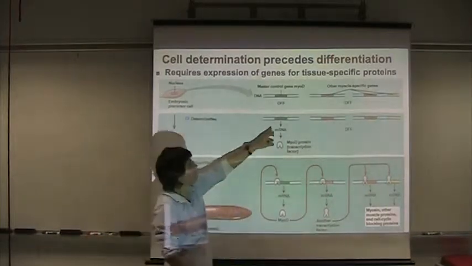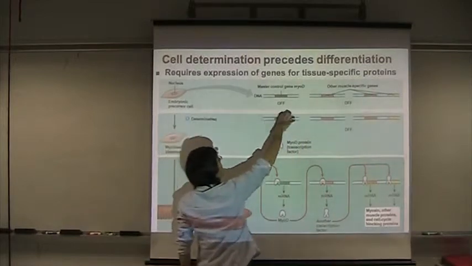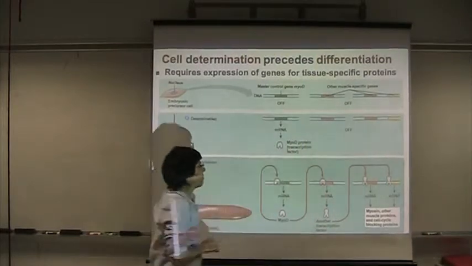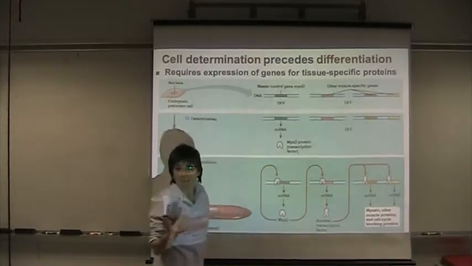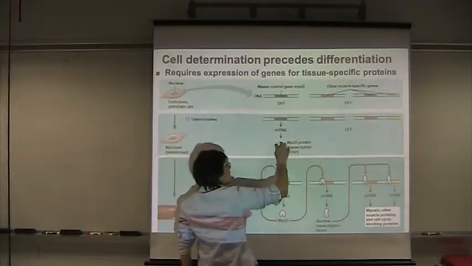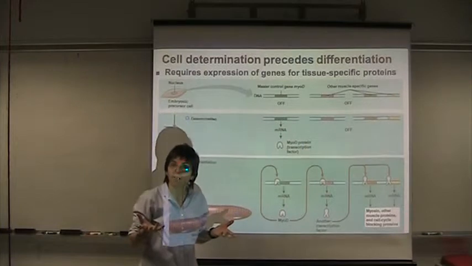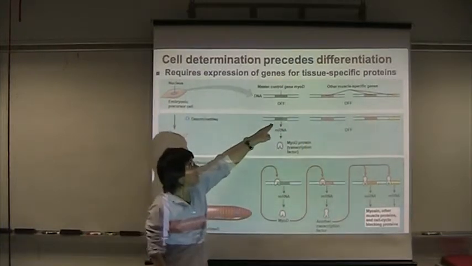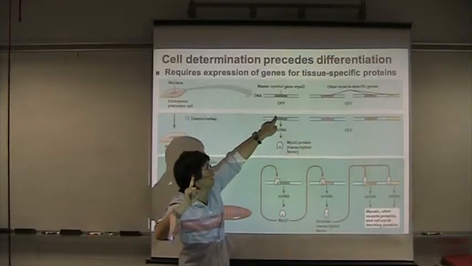This master regulatory or control gene is going to produce a protein called MyoD protein. You don't need to know these names, but it helps. This funny protein, as I said before, is going to be a transcription factor. So notice, only one gene got turned on here, this master regulatory gene.